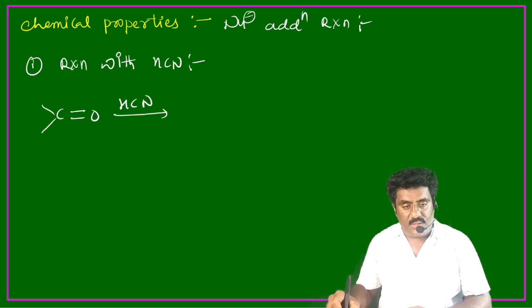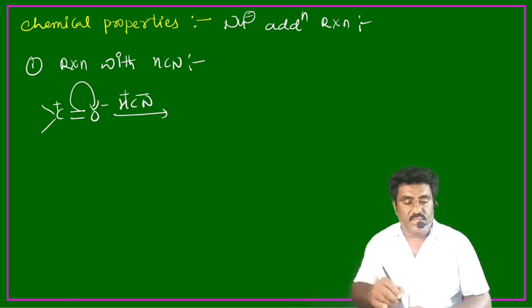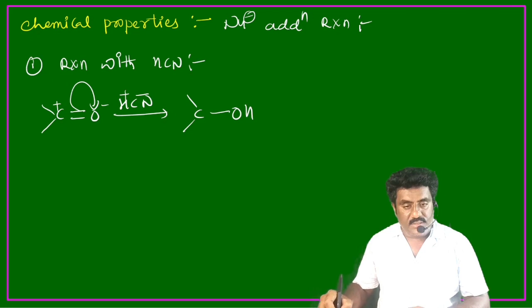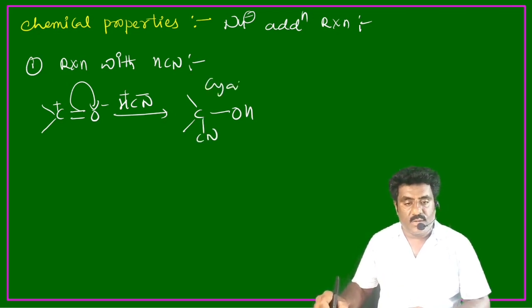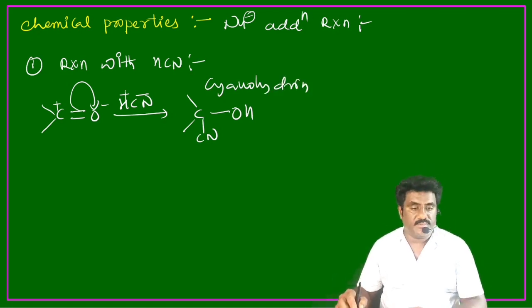It means H plus and CN minus, the pi bond shifts, with positive and negative charges, to form C(OH)CN. It is a cyanohydrin that is formed. Very simple: the negative charge moves to the positive, and the positive moves to the negative.